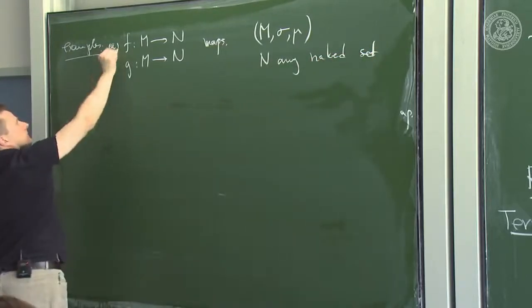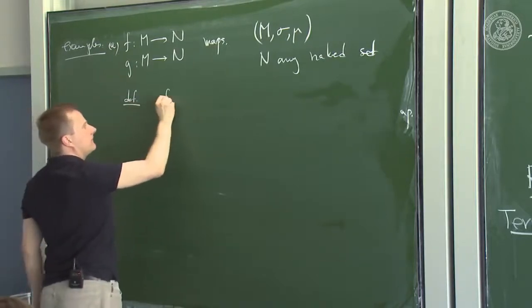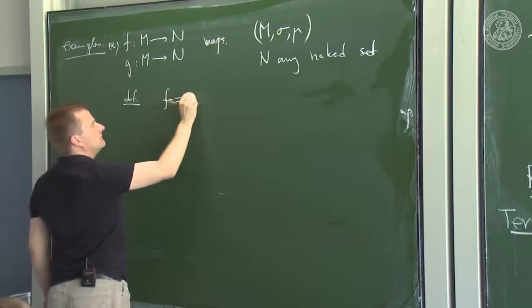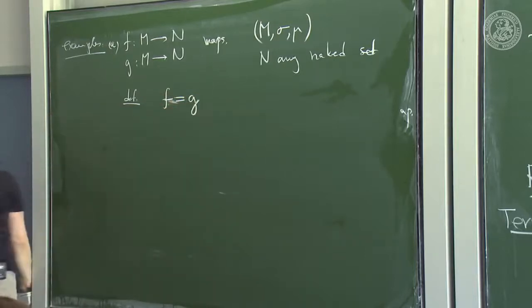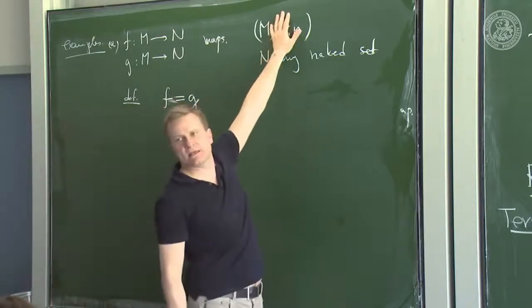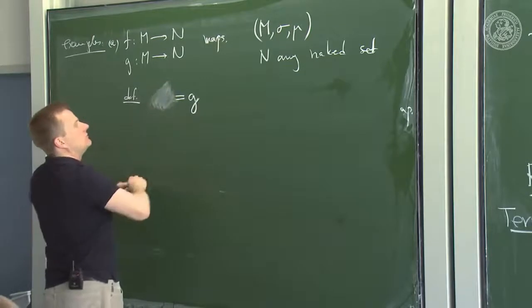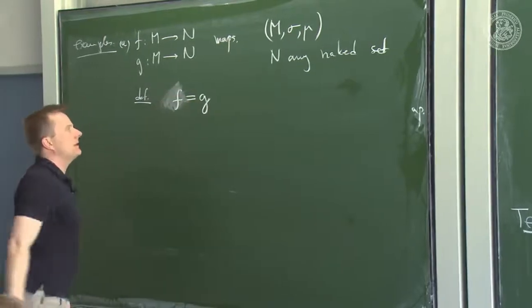Then we say f equals g. Of course, you could say f equals g if M was only a set as well. Well, that would not use the measure and the Borel sigma algebra.